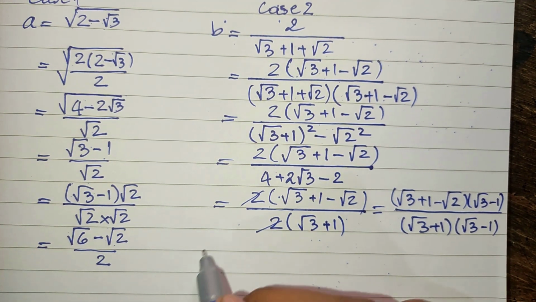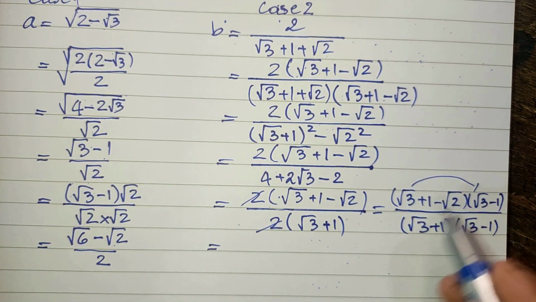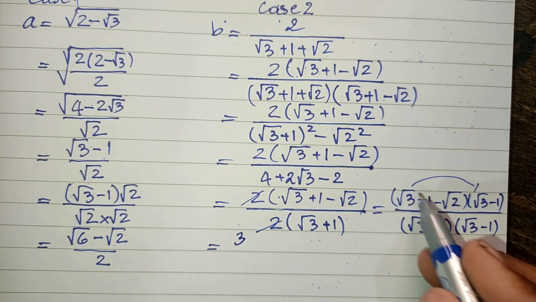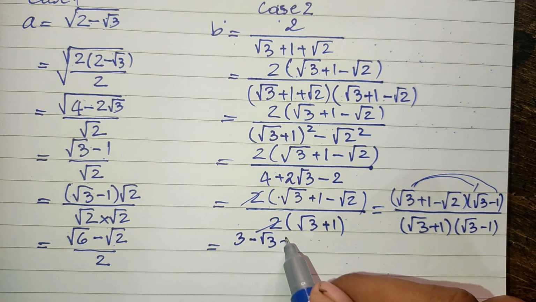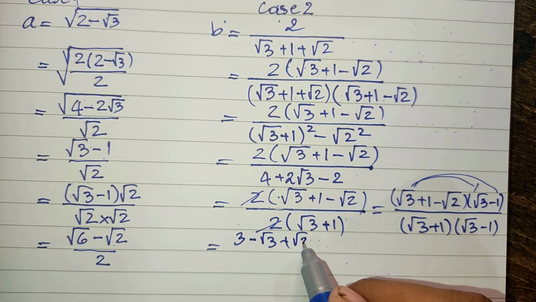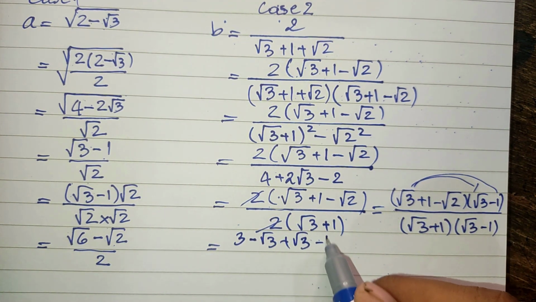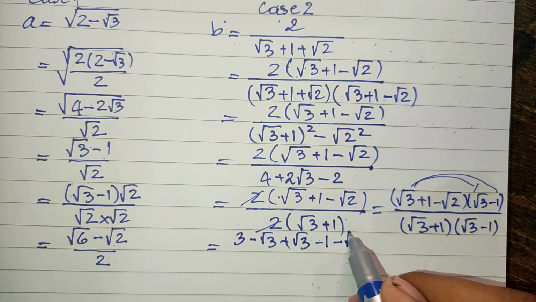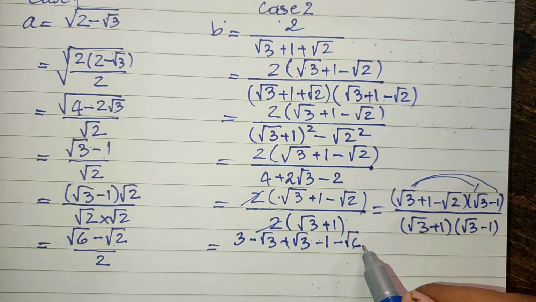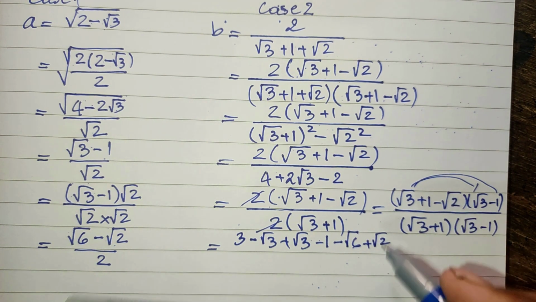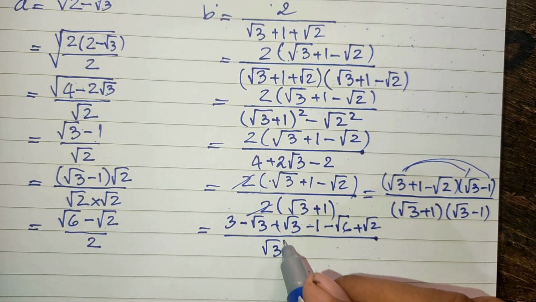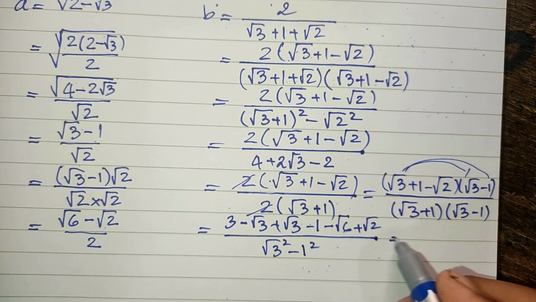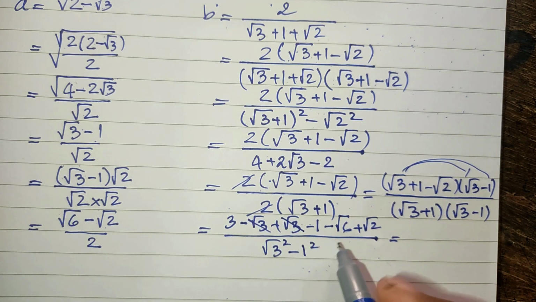So this is equal, we multiply this, we get 3, minus √3, plus √3, and minus 1, and minus √6, plus √2, divided by (√3)² − 1², and we can cancel this.